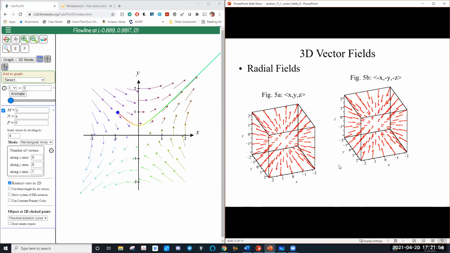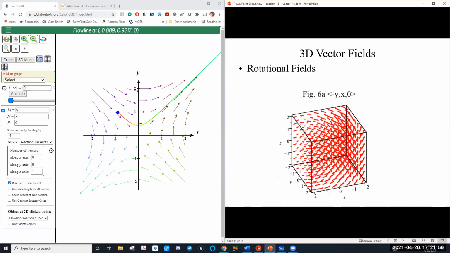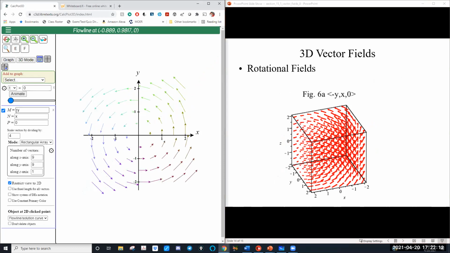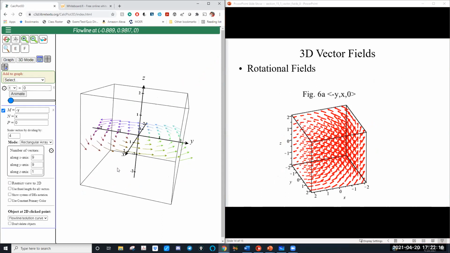Okay, one last thing I want to mention on vector fields. Oh, here's a rotational one in 3D. It's so convoluted you can't really see anything. But let's change this to a radial one. So there's our radial vector field. I don't think this equation's quite right because it's got some z component there.